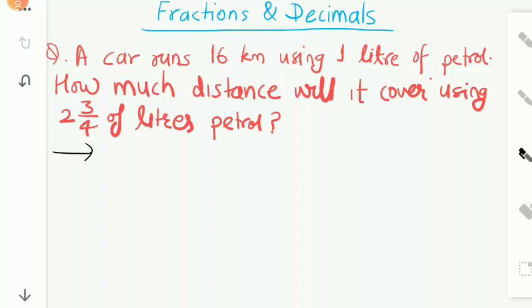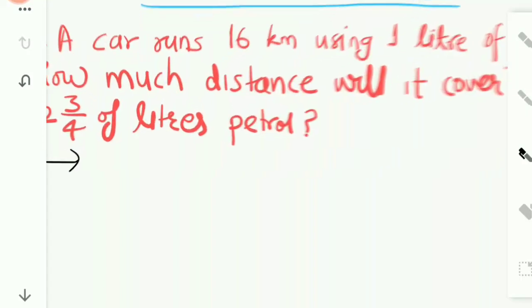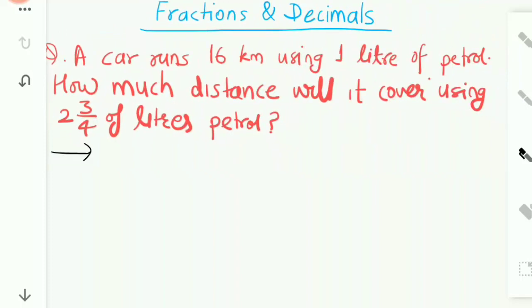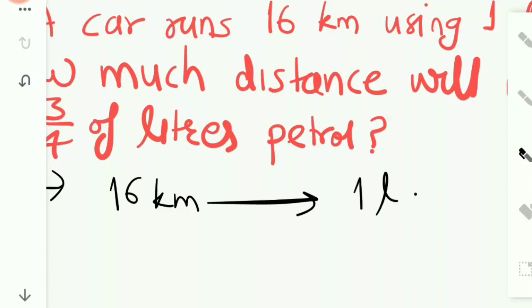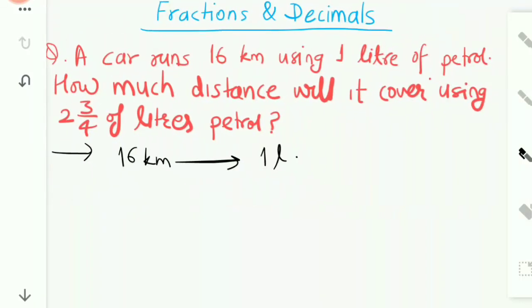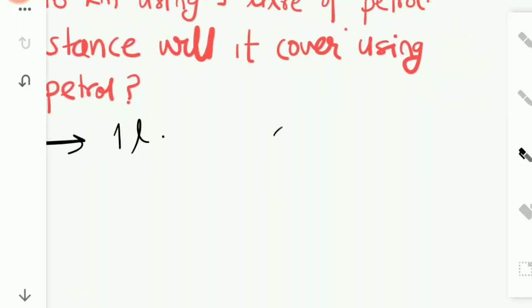A car runs 16 km using 1 liter of petrol. How much distance will it cover using 2 3/4 liters of petrol? Okay. 16 km of distance is covered in 1 liter. So 2 3/4 means how much? 4 2s are 8, 8 plus 3 is 11.